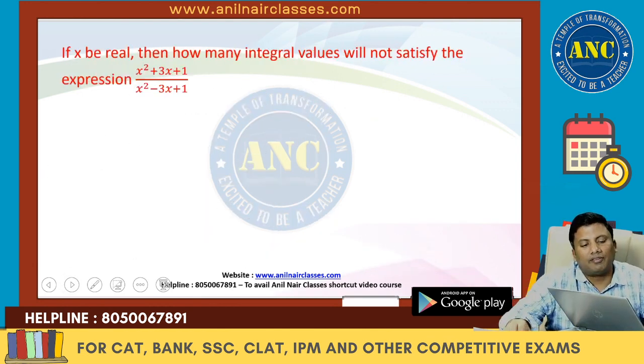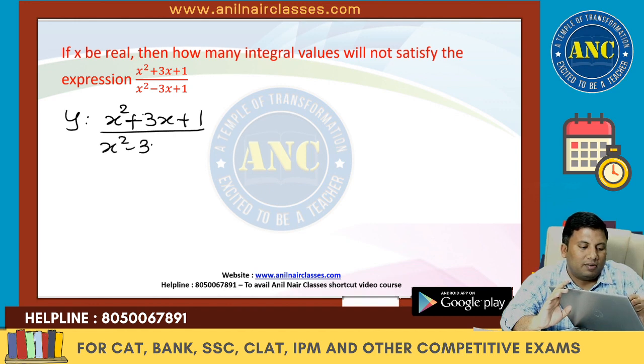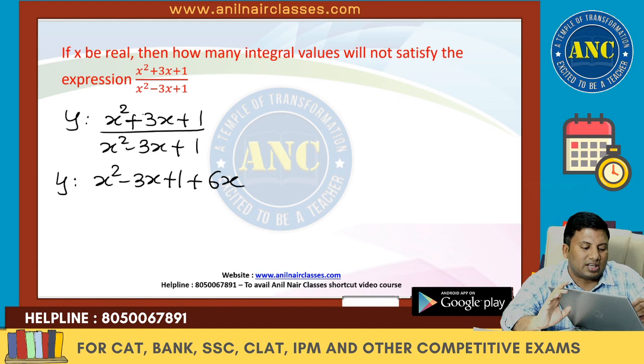Next one, let x be a real number. How many integral values will not satisfy the equation? Y is nothing but x square plus 3x plus 1 by x square minus 3x plus 1. This is nothing but x square minus 3x plus 1 plus 6x divided by x square minus 3x plus 1.